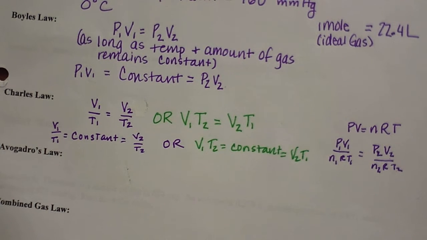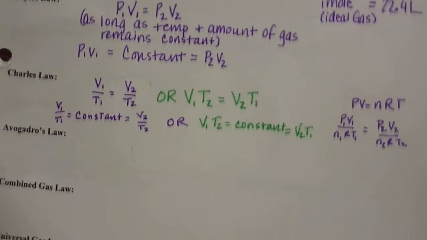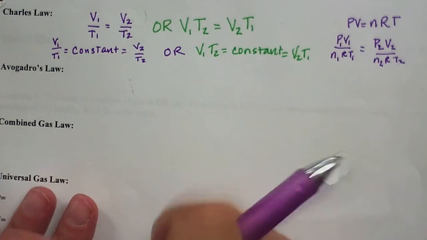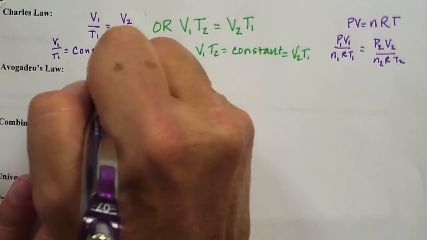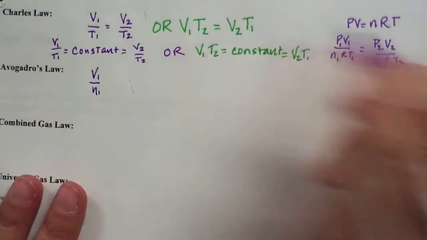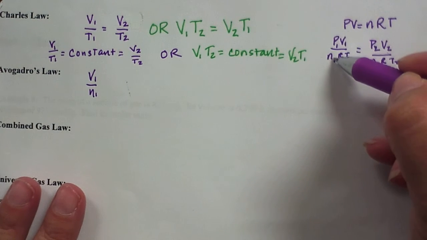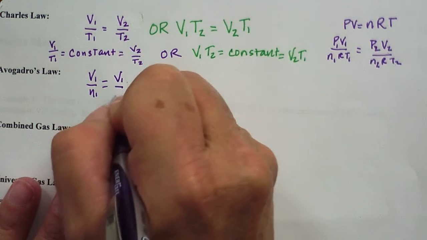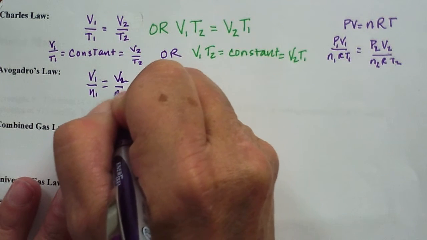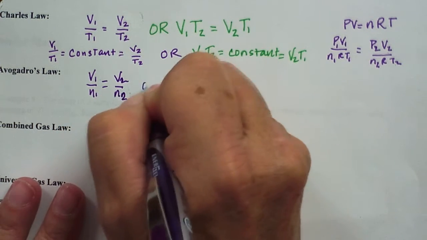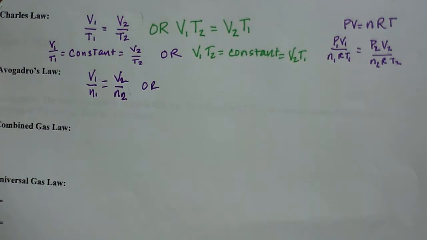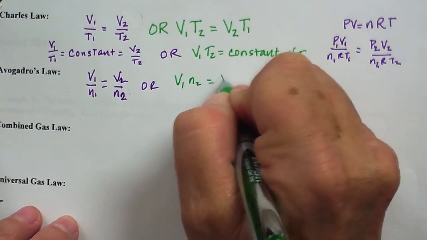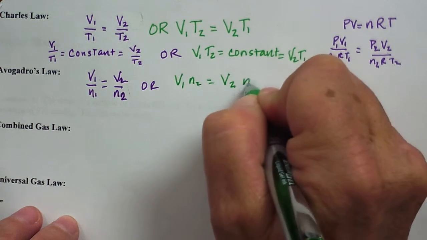Now, let's do Avogadro's law. Again, Avogadro's law is going to come from the ideal gas law. Avogadro's law puts into play the volume and the amount. So, V1 and N1. Volume and amount. Or V1 N2 equals V2 N1.